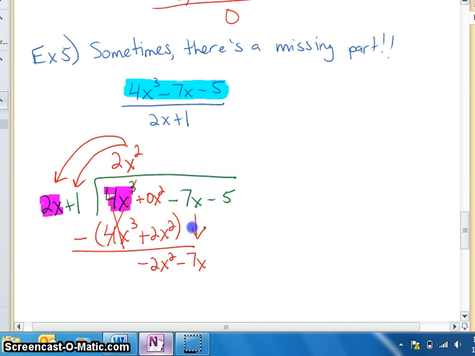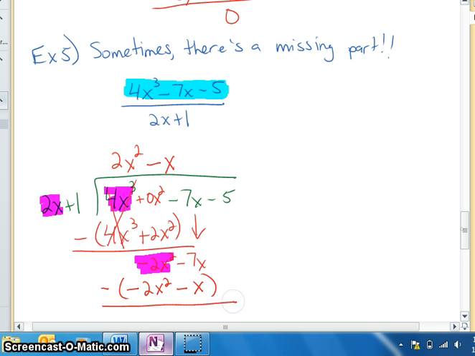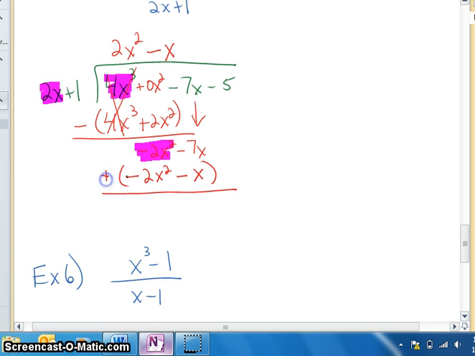4x cubed is gone. 0x squared minus 2x squared becomes negative 2x squared. Bring down the 7x. So now I'm looking at 2x and negative 2x squared. So I need to multiply by a negative x. So that would be negative 2x squared minus x. I'm going to subtract this whole thing. So that makes plus plus. These are gone. Negative 7x plus x is negative 6x. Bring down the negative 5.